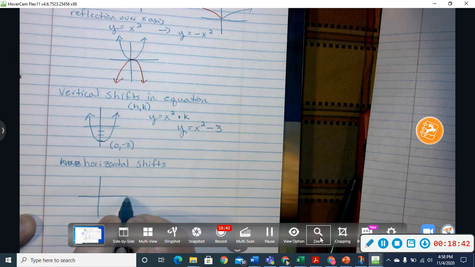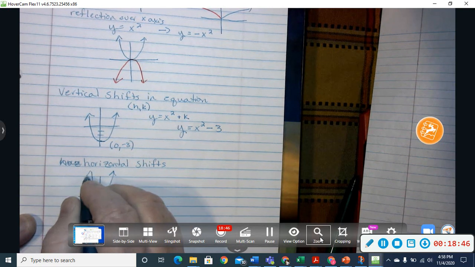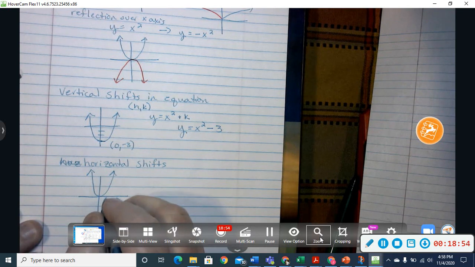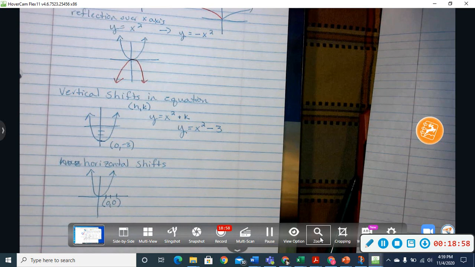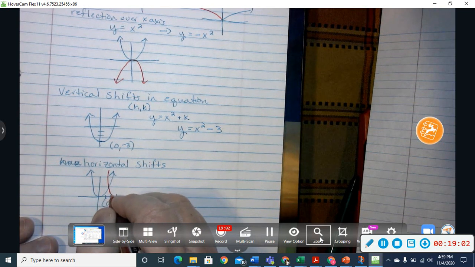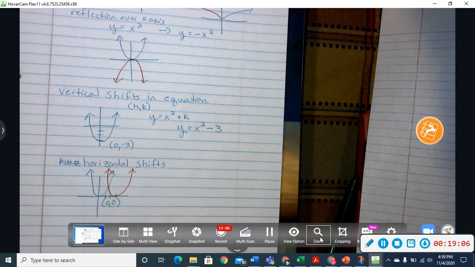So as we look at a graph, again, our basic graph is at (0, 0). So a shift that moves it 3 to the right, the shape of the graph is going to remain the same.